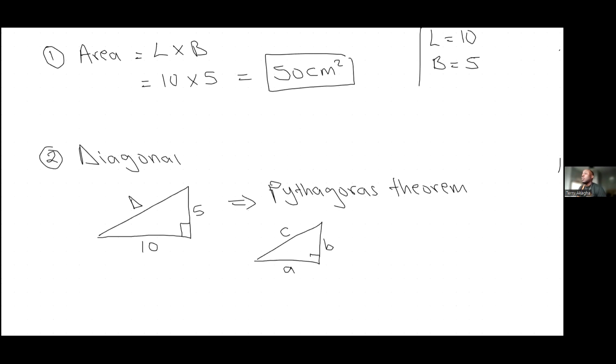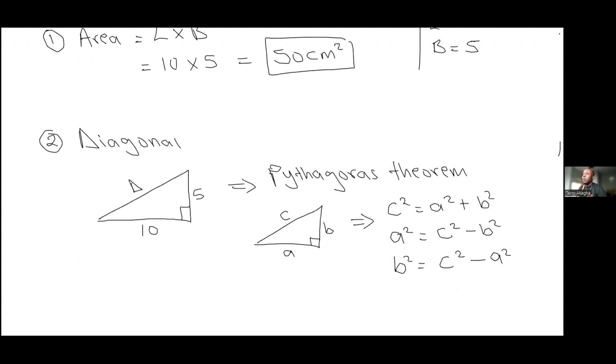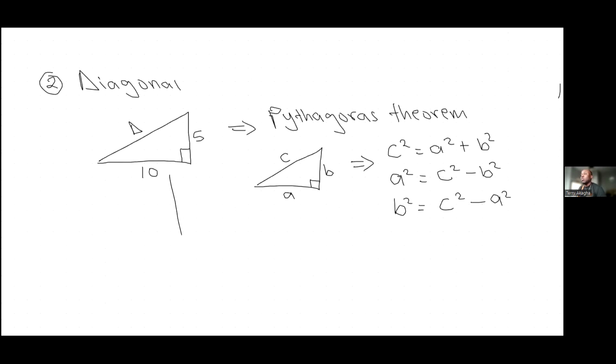The relationship is the square of the longest side is equal to the sum of the other 2 sides. You can rewrite this in different forms: A squared is equal to C squared minus B squared, or B squared is equal to C squared minus A squared.